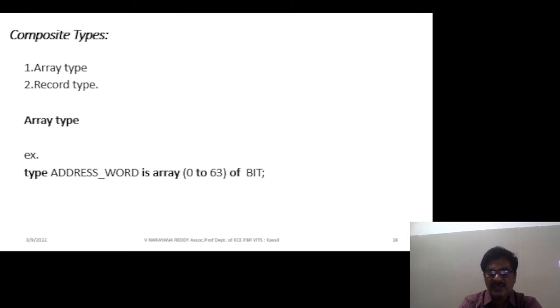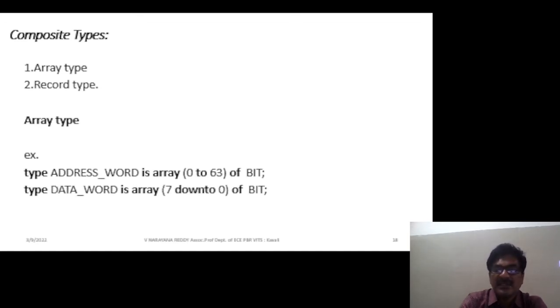Then one more example: type data word is array of 7 down to 0 of bit. Here also the type name is data word. What type of data can be placed here? Only binary data. But how many locations does the data word have?